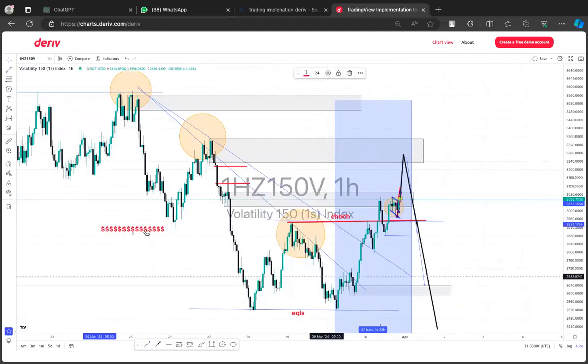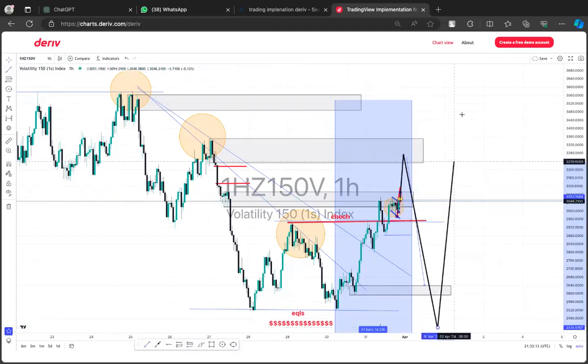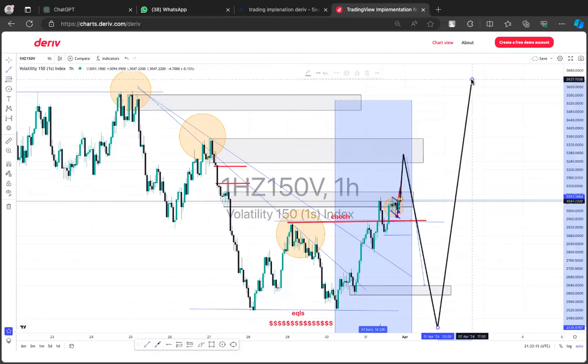That's where they will make money. We already see where they will make their money. We can just call it sell stop liquidity. Then after, it goes up like this.